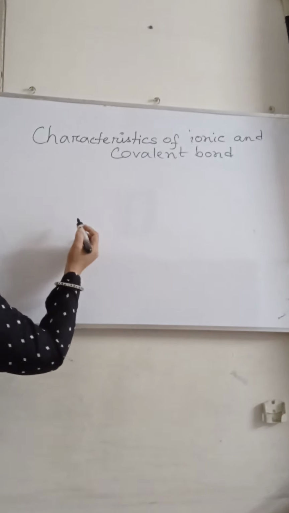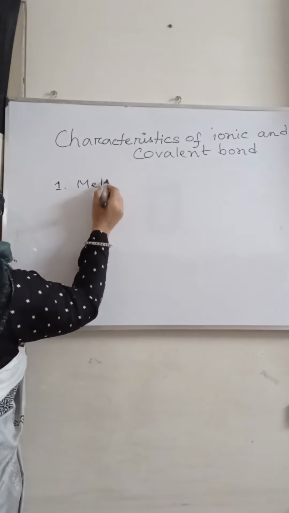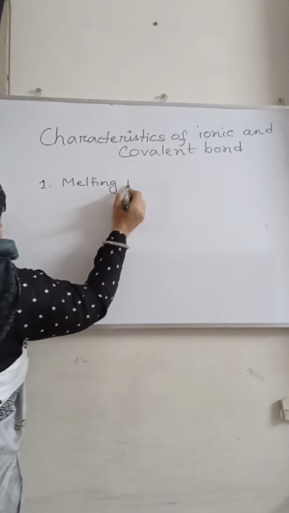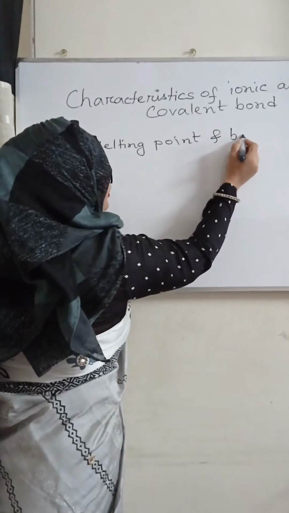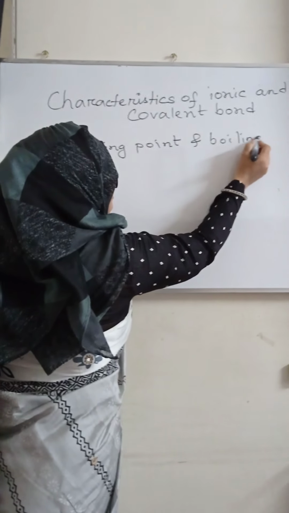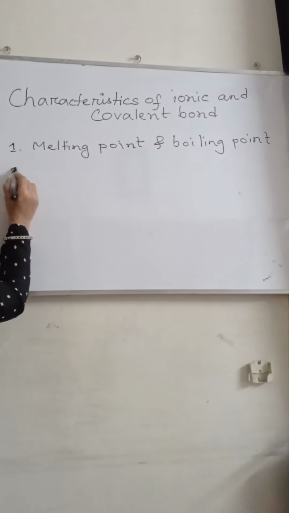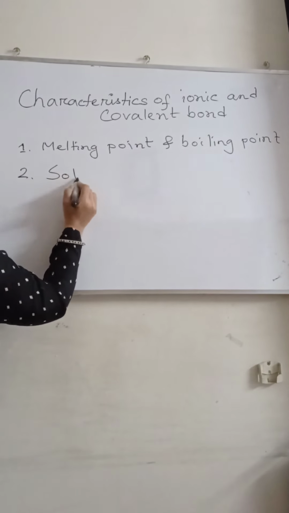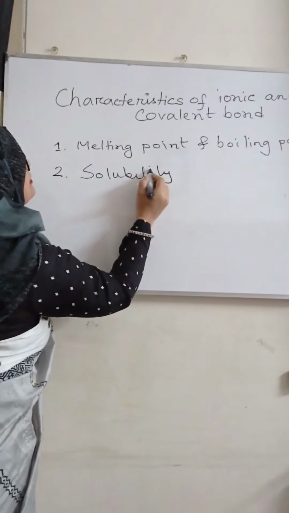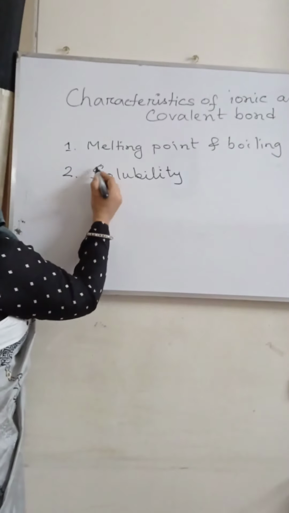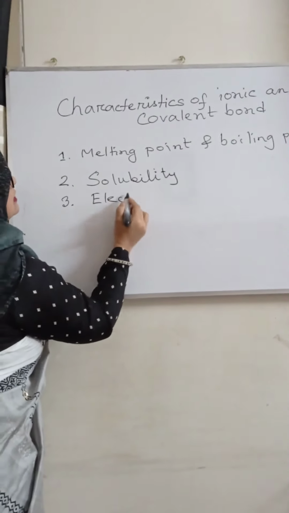I would like to discuss number 1, melting point and boiling point. Number 2, solubility. Number 3, electrical conductivity.